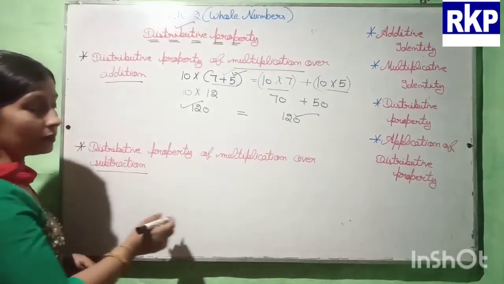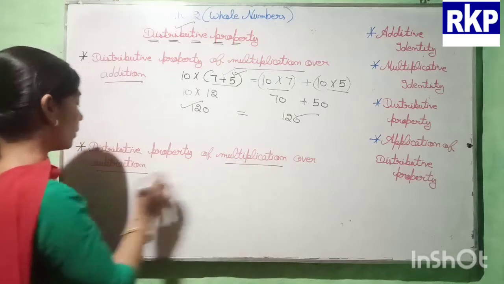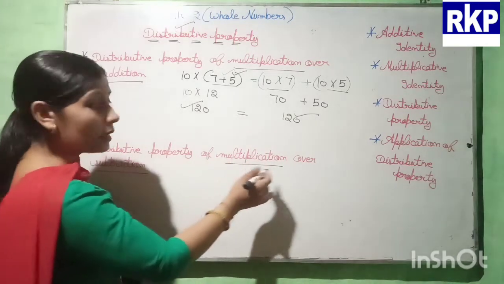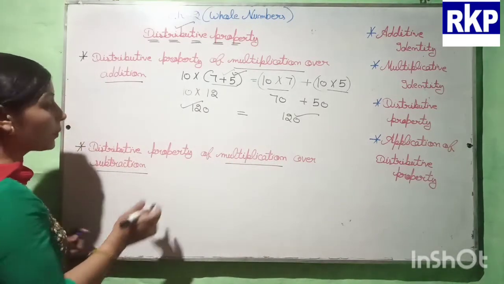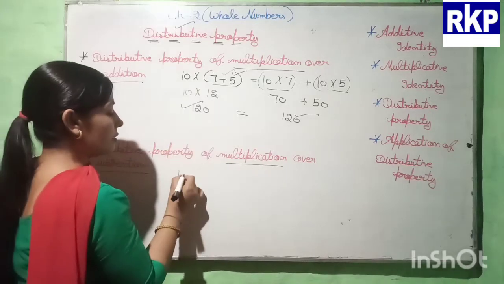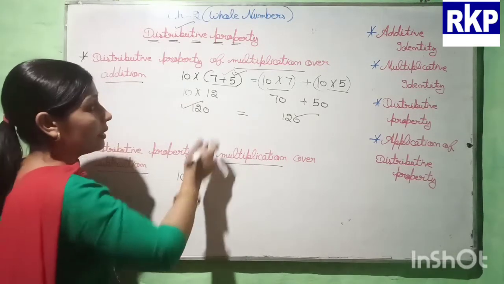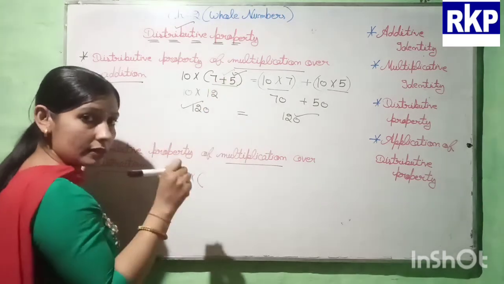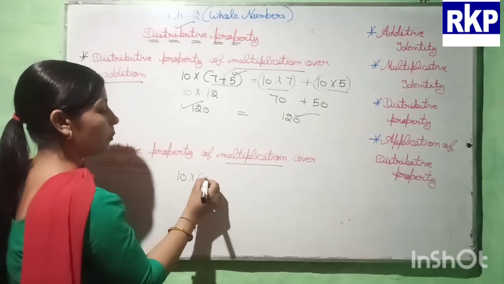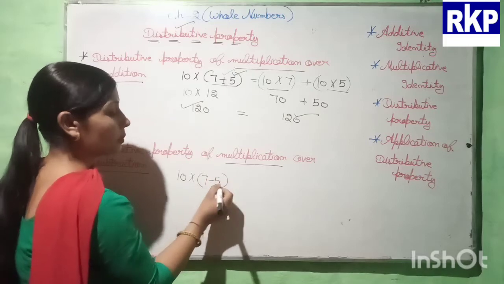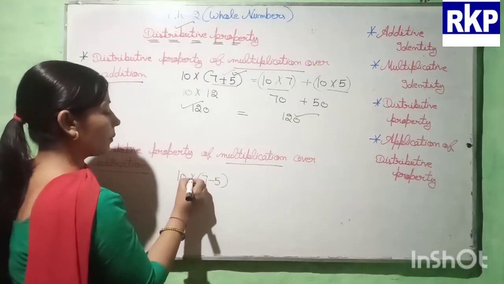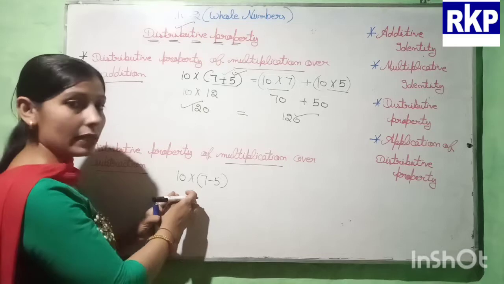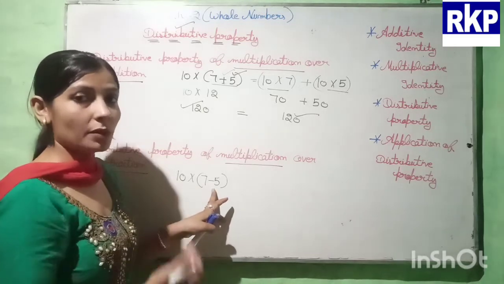Now let us see the distributive property of multiplication over subtraction. Let us take the same example, but where the sign of addition was given, here we will put the sign of subtraction. Now, beta, we will distribute this multiplication over subtraction.